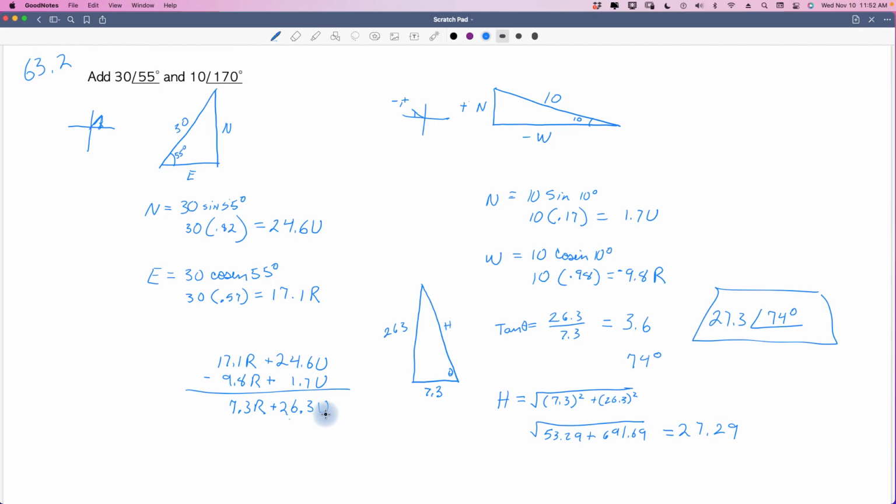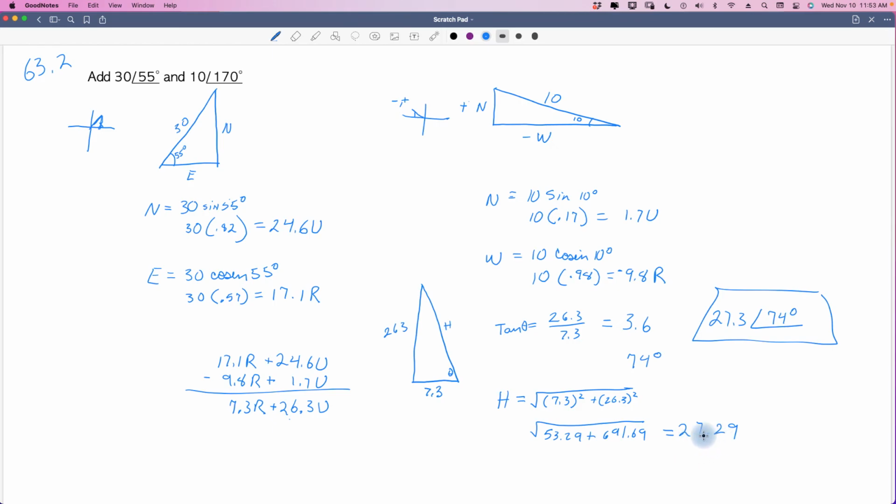Then we take that vector and we turn it into a triangle. We pick a dimension here and we solve using tan because we don't have our degree of measure, so we can take the two sides over each other to find our degree for this angle. Then we take these two measurements and we square them both and add them together, and then take the square root of that, which is what we would do in Pythagorean theorem anyway.